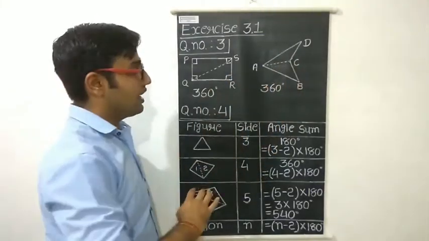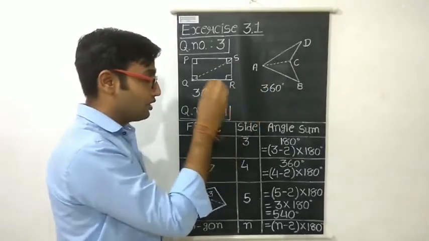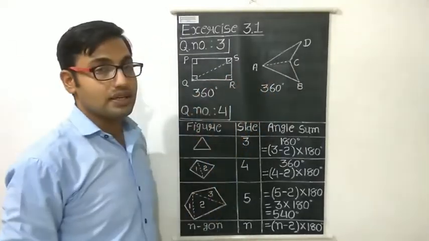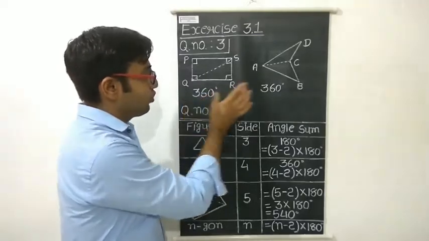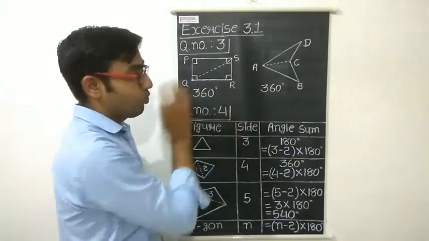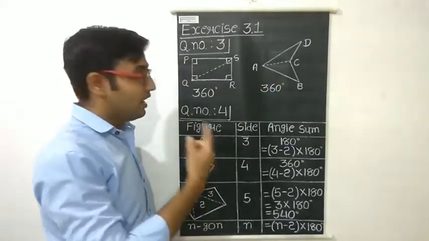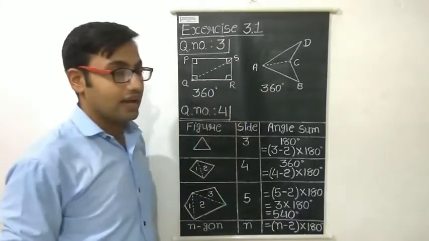So yes, we can say that the angle sum property of a concave quadrilateral is also 360 degrees. This property holds true for both concave and convex quadrilaterals. The angle sum property of a quadrilateral is applicable to both these figures.